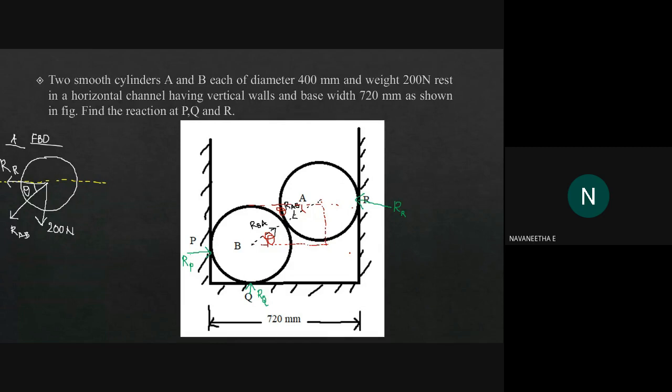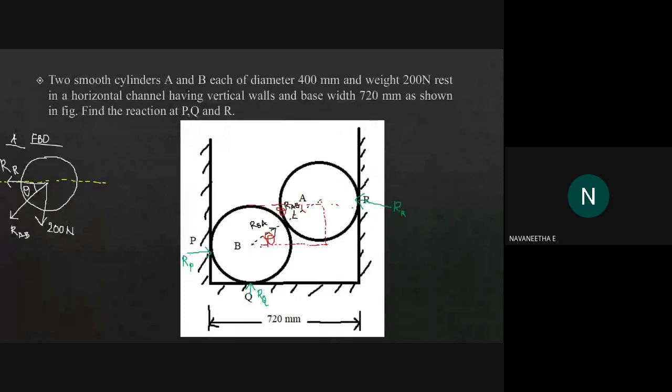What is the length AB? Yes, 400. Why is it 400? Because the entire cylinder has a diameter of 400 mm.